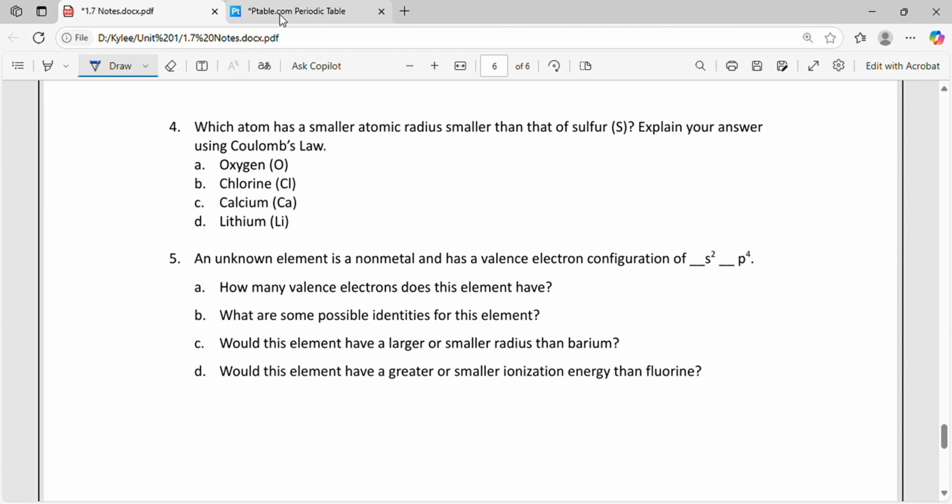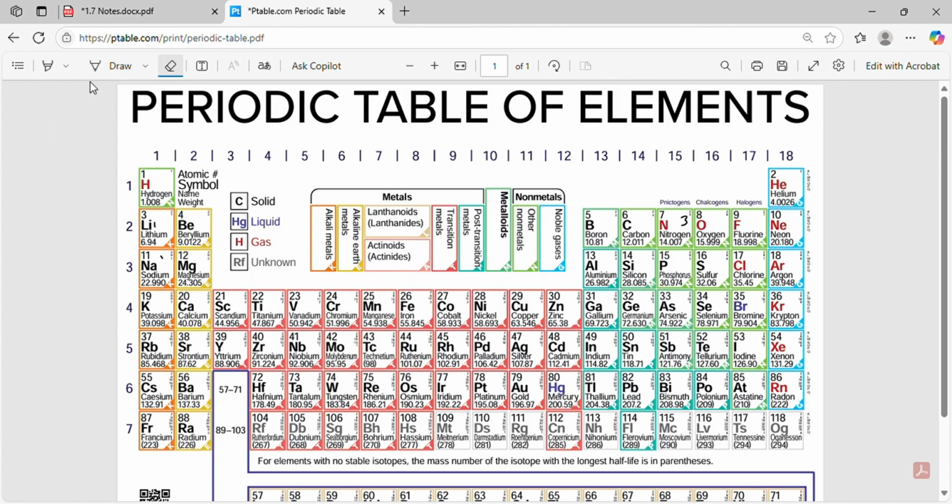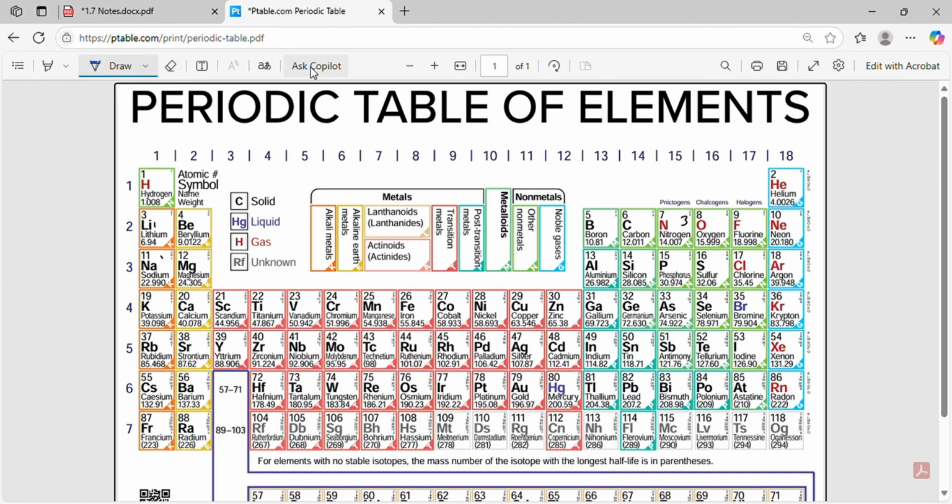So if I jump over to my periodic table, they want me to compare sulfur, number 16, to oxygen, chlorine, calcium, and lithium. And they want us to say which atom has a smaller atomic radius. Well, it turns out that all of them are going to be smaller except for one of them.